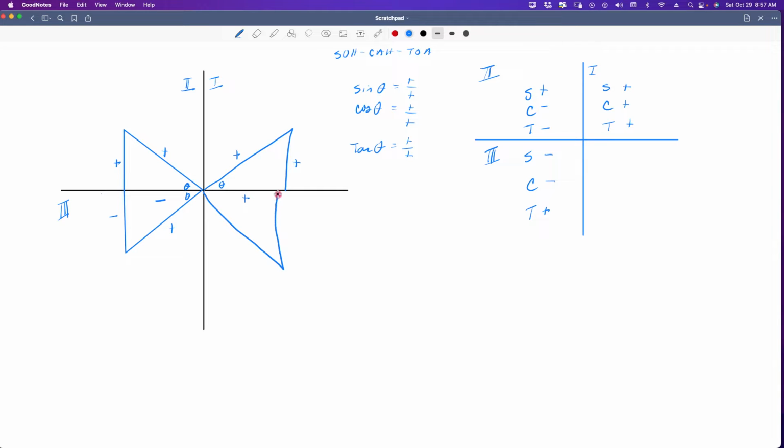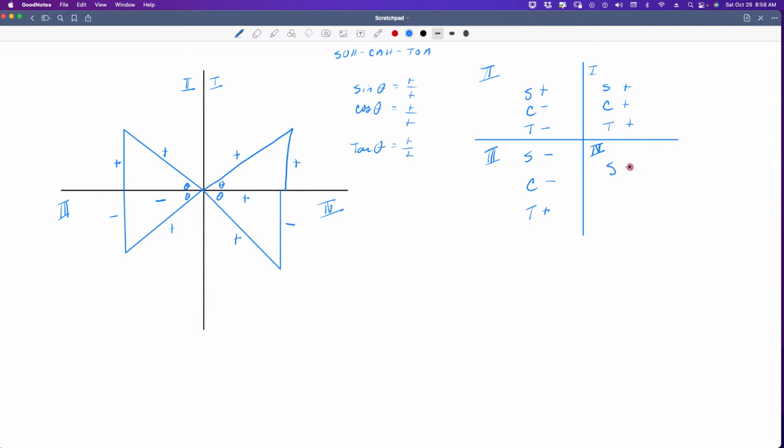Again, I'm going to do another angle here. I'm not going to line it up so it won't actually make a triangle. Here we have positive, but then here's our angle. Our opposite is going to be negative. Our hypotenuse is still positive. So in the fourth quadrant, for sine, we have the opposite over the hypotenuse, negative over positive.